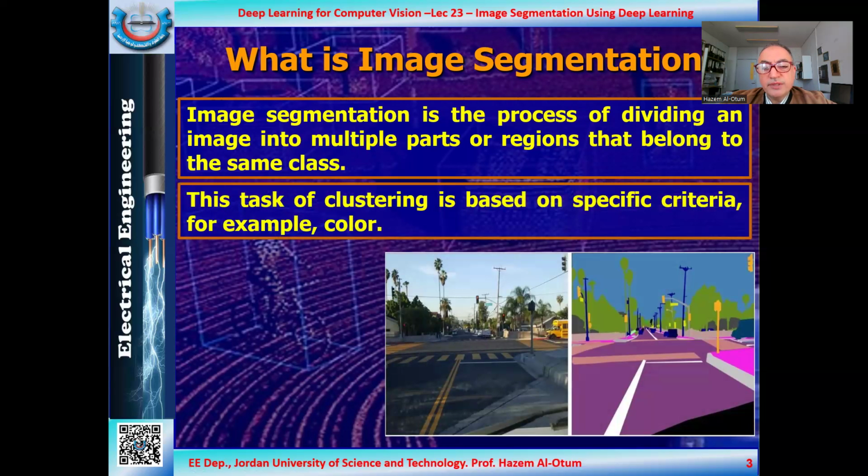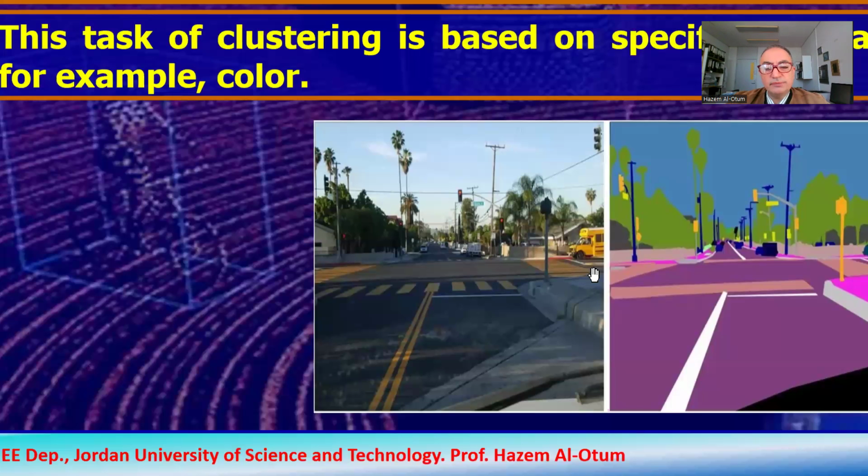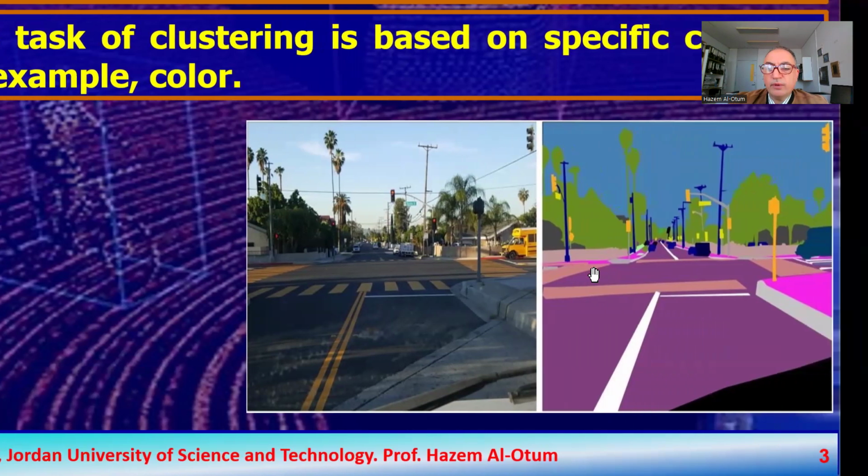As in this image that we have at the right-hand side, or the left-hand side, we'll try to zoom this a little bit. It's a street with some trees and buildings and cars. On the right-hand side, these regions in the image have been segmented into different segments or classes.